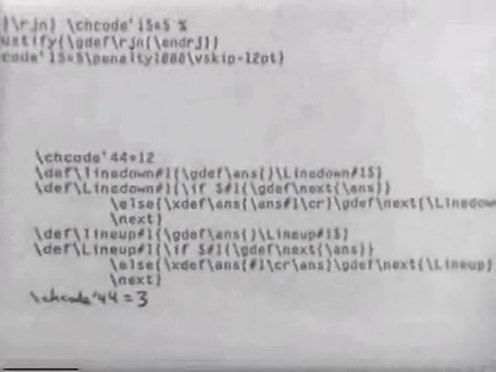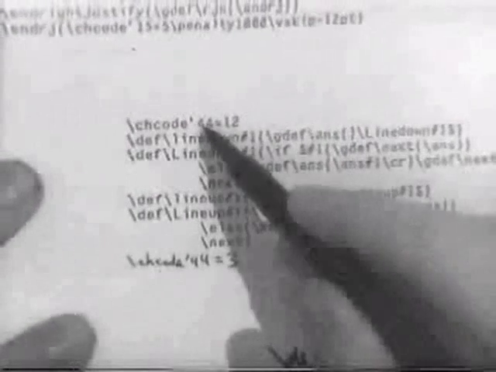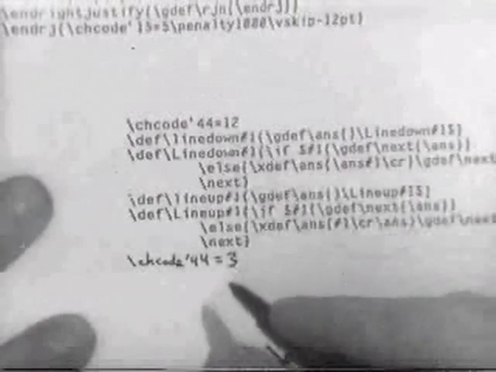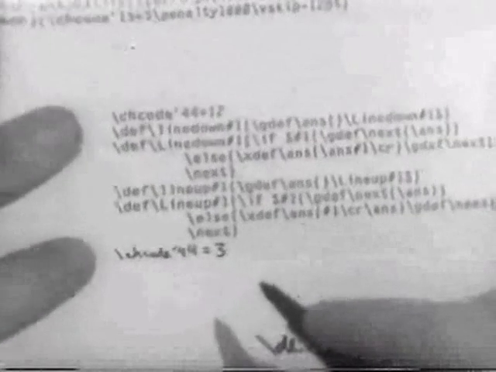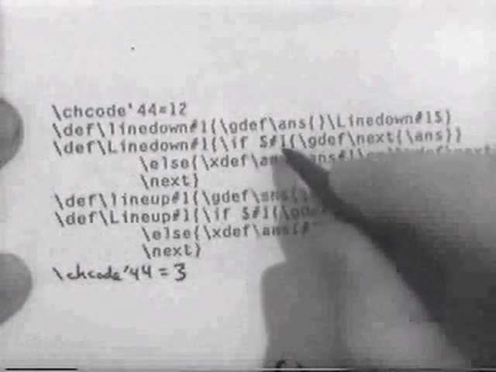Now the last one, and we only have a minute or two. This was the one to get lines going up and down. Actually, now this changing the \catcode of the $ sign to 12 and back to 3 again isn't really necessary. When I first wrote it, I thought it was, but then thinking about it afterwards, I realized that I'm only using it to look for a $ sign at the end of a text.